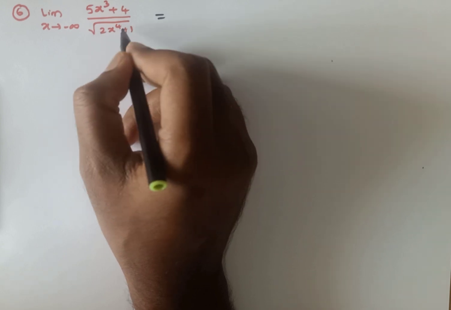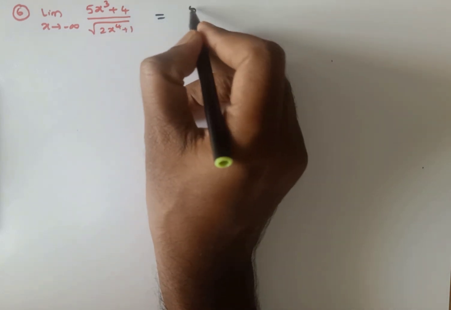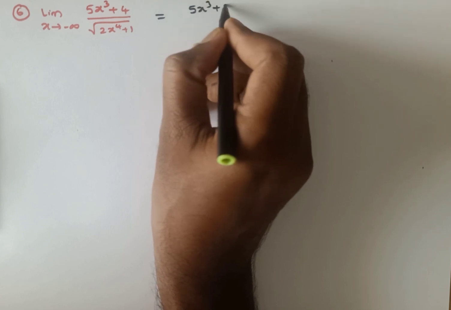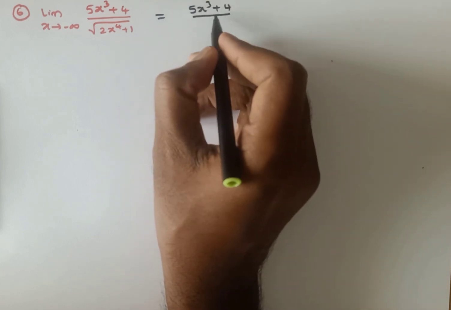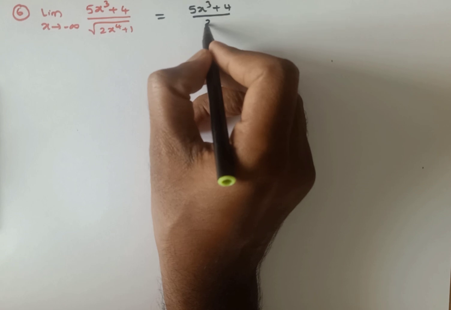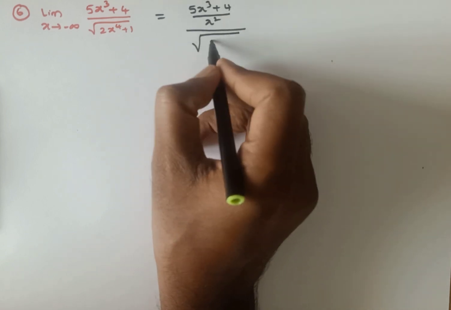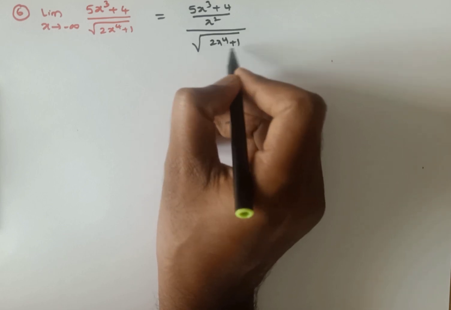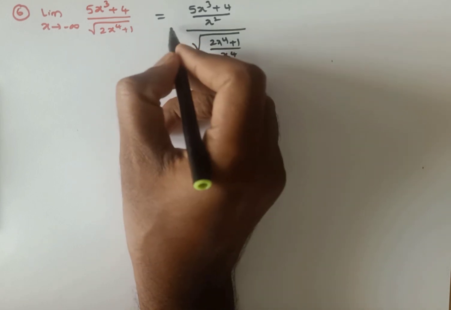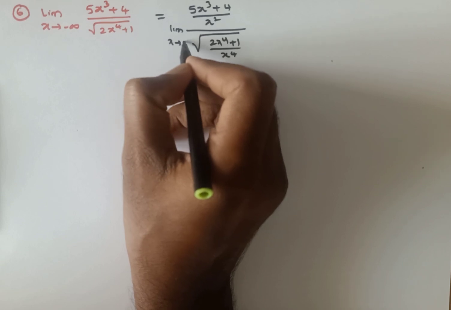Root of x power 4 means x square, so I am dividing the numerator x cube plus 4 by x square, and the root of 2x to the power of 4 plus 1 by x to the power of 4. Here the limit is minus infinity.